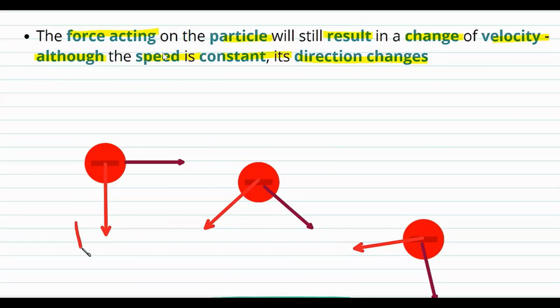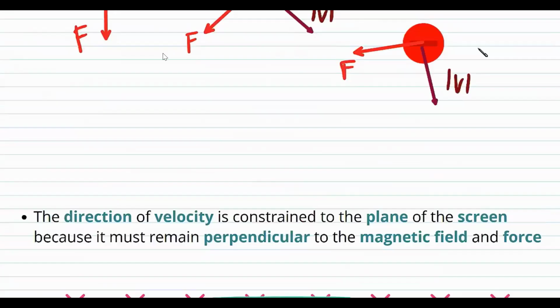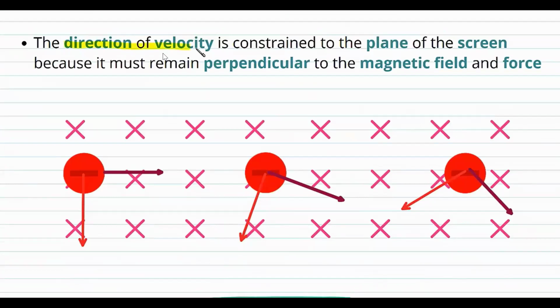So here we see the force on the particle causing the direction of motion to change. And note that the speed remains constant. The direction of velocity is constrained to the plane of the screen because it must remain perpendicular to the magnetic field and force. So here we see that although the direction of motion is changing, the velocity is always in the same plane and is always perpendicular to the force.